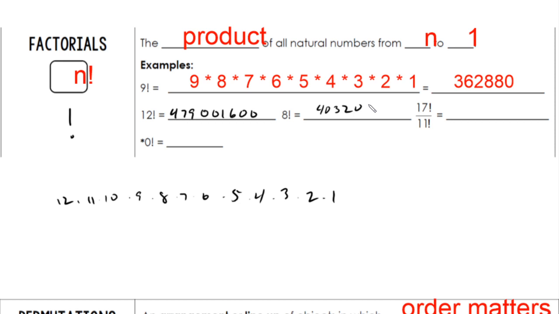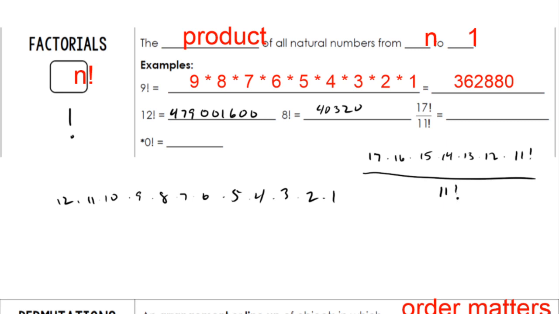Now, here's something we want to talk about. 17 factorial divided by 11 factorial. You do not want to just put in 17 factorial divided by 11 factorial. Here's what you want to do. This can be simplified quite a bit by hand. You want to expand 17 factorial, or the larger one, down to 17 times 16 times 15 times 14 times 13 times 12 times 11, and you can stop anywhere you want and just put a factorial, but we're going to stop at 11 because the denominator has an 11 factorial.